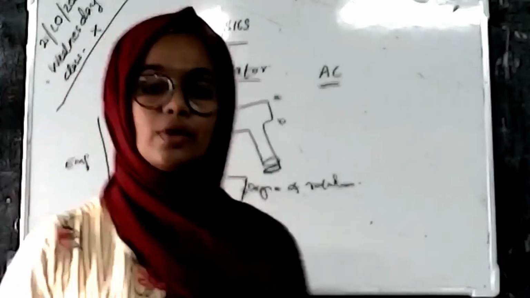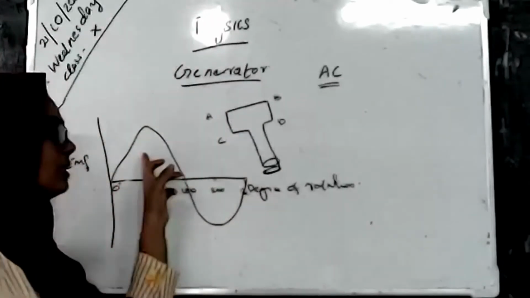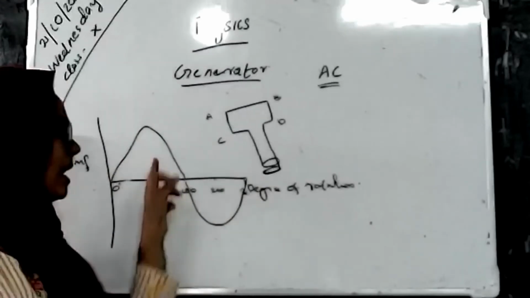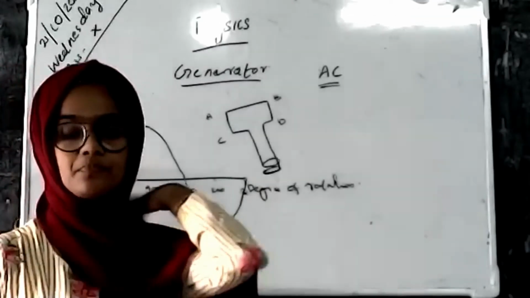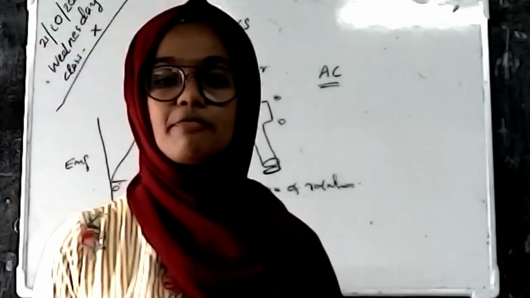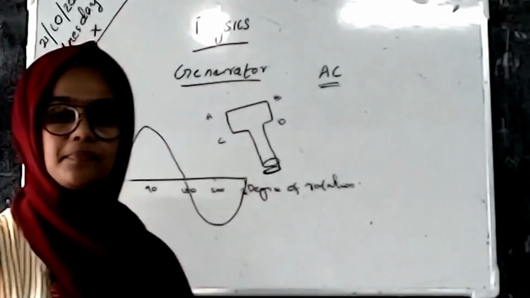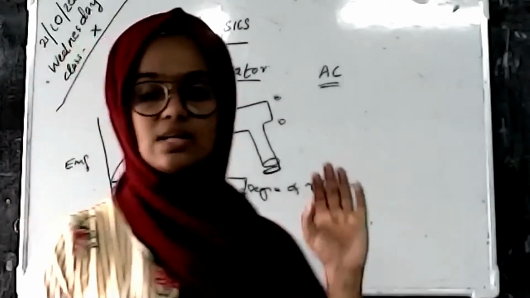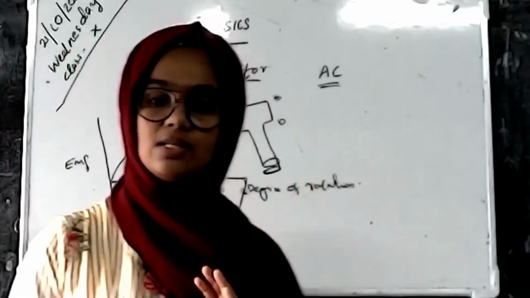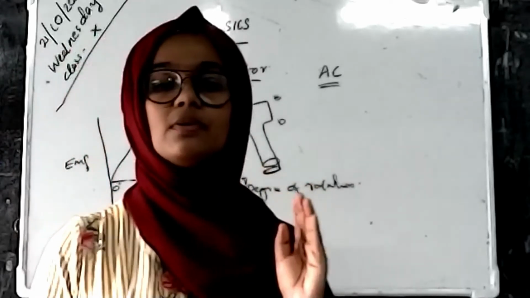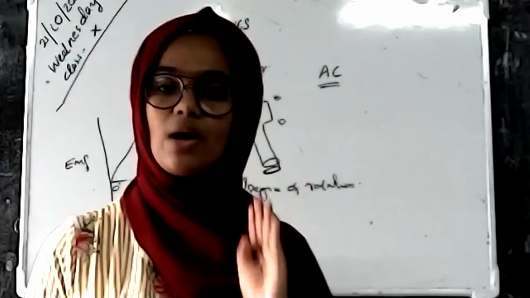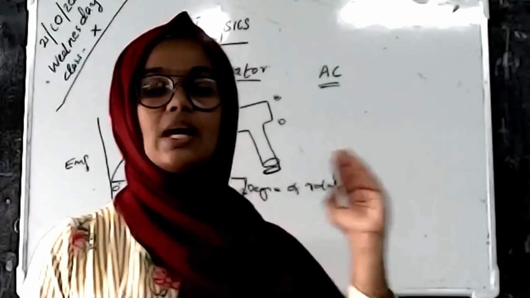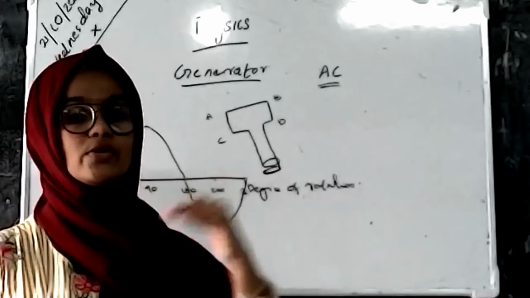And I think all of you are confused that one cycle is in the upper side and another one is in the lower side. How is the direction of this cycle changing? This is an AC generator, and in an AC generator, the current produced in the first half is in one direction, and the second half current is in the opposite direction.